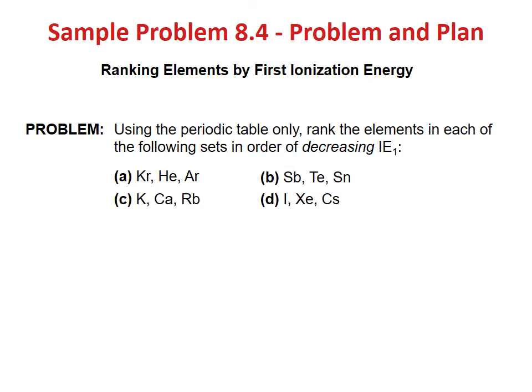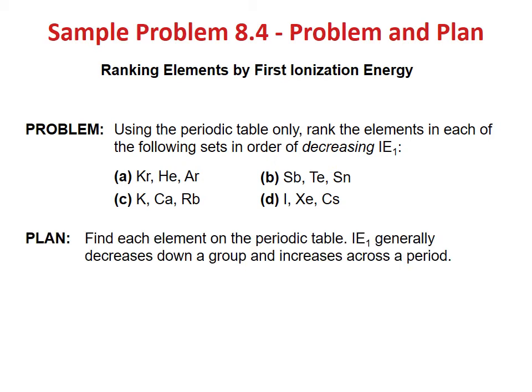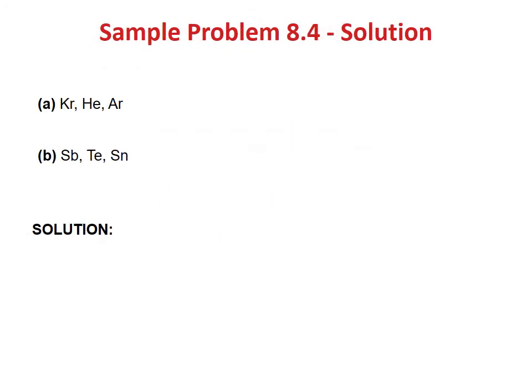Sample problem 8.4. Using the periodic table only, rank the elements in each of the following sets in order of decreasing first ionization energy. First we need to find these elements in the periodic table. Remember, the first ionization energy generally decreases down a group and increases across a period. A. Krypton, helium, argon.